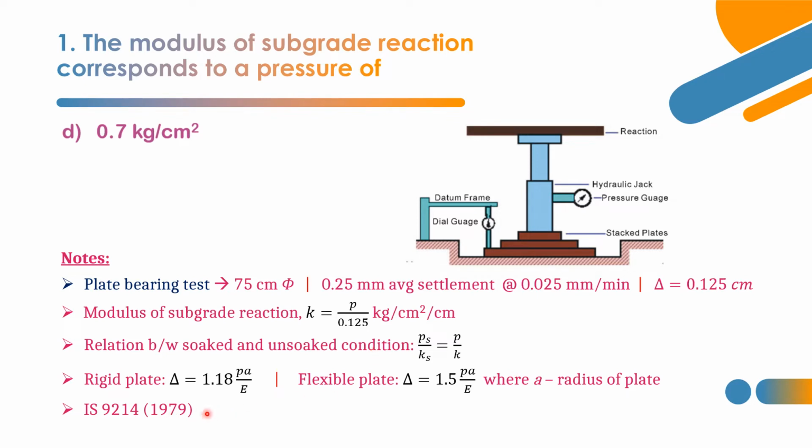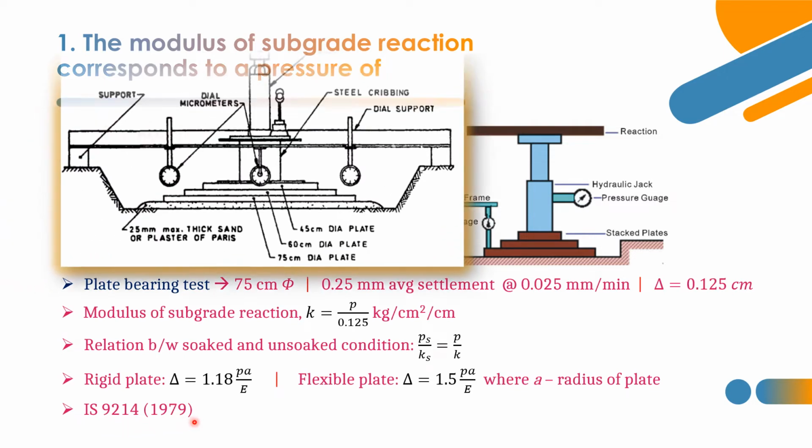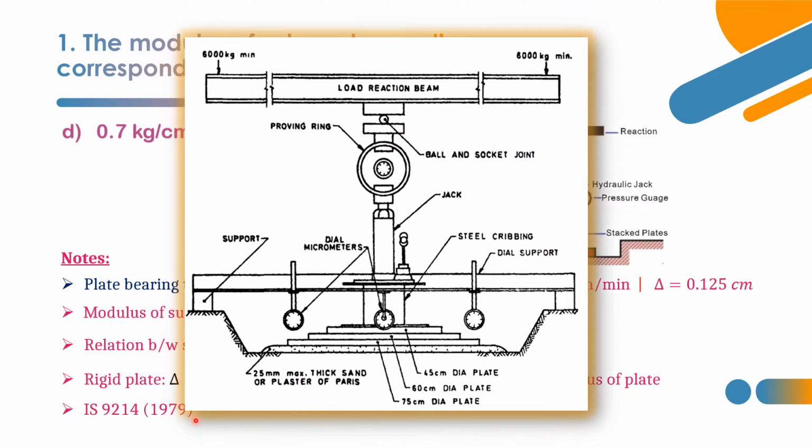And this plate load test specification is given by IS 9214 1979 publication. In that IS code, the setup is given like this. Here you can see the plate is 75 centimeter diameter, and the plate above it is 60 centimeter, and above that 45 centimeter.